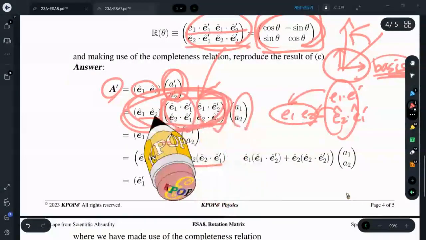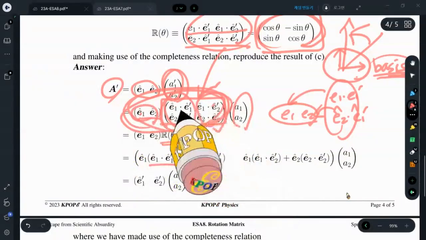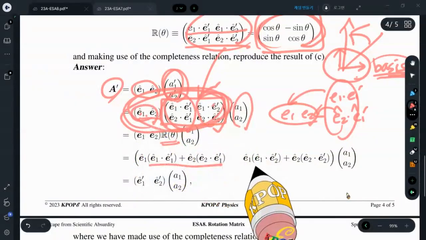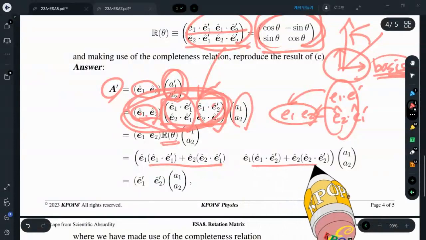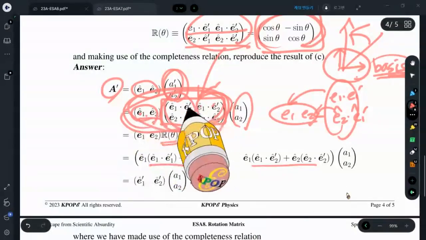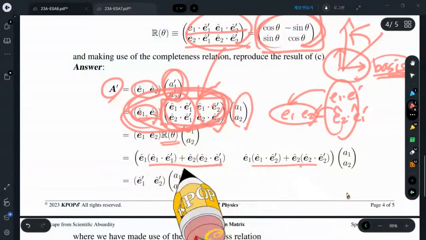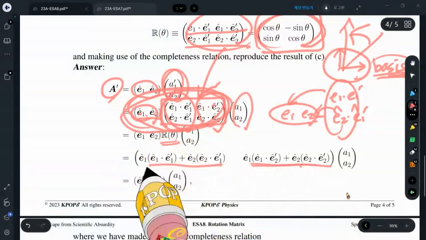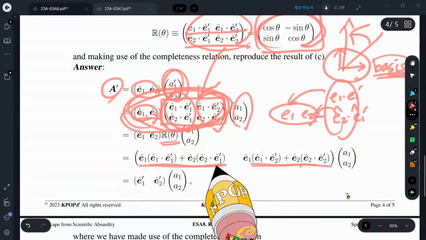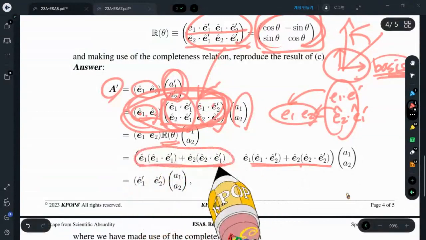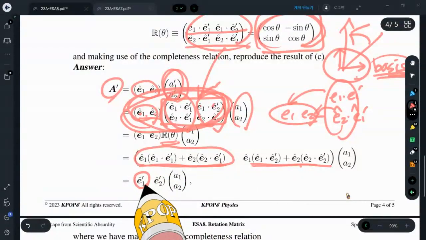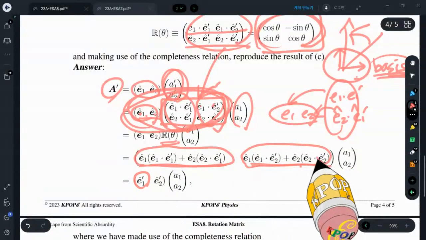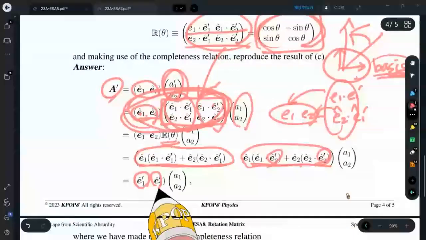And this one, multiply these two and add them up. So E1, E2. We notice, what's that? Using the completeness relation, this one is nothing but E1 prime. This one is nothing but E2 prime.